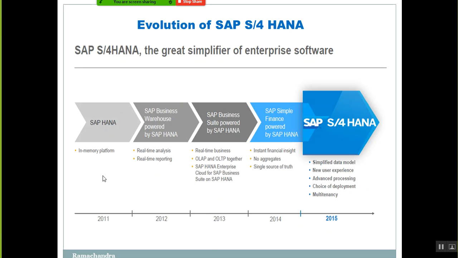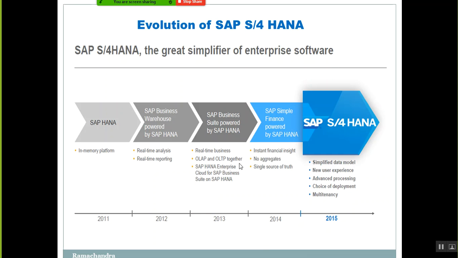Basically, we can call it an in-memory platform, the HANA database, which was released in 2011 as a sidecar approach, which could improve the performance of the traditional database. And in 2012, it could work as a single independent database for the BW system, SAP BW powered by HANA.